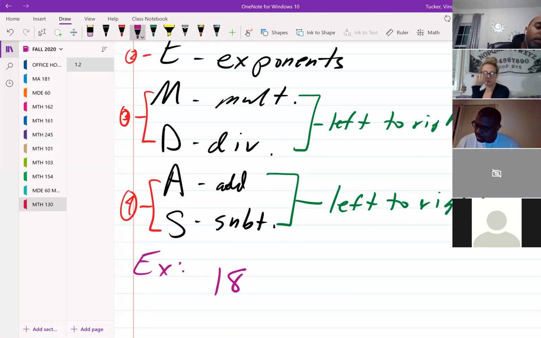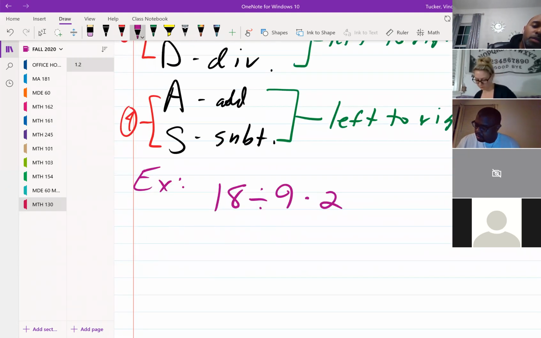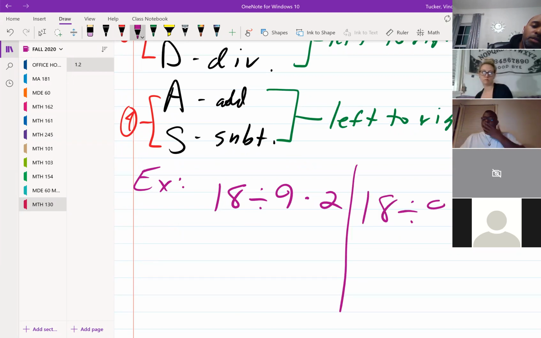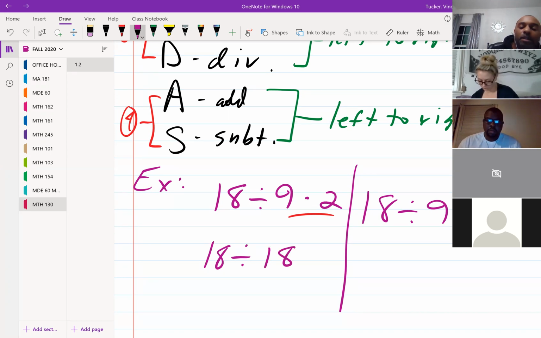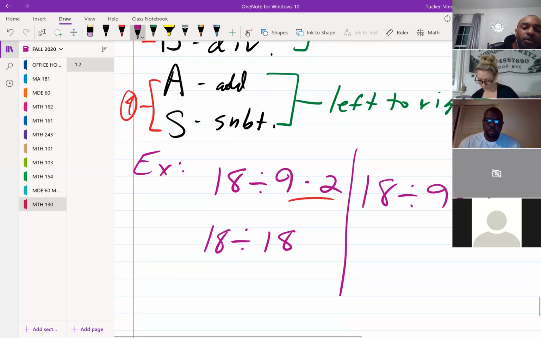So let's say I have 18 divided by 9 times 2. If we go in the order of PEMDAS, in other words, we just say multiplication comes before division, that means we would do 9 times 2 first. I'm going to do it the wrong way, then the right way. 18 divided by 18, and that will be 1.